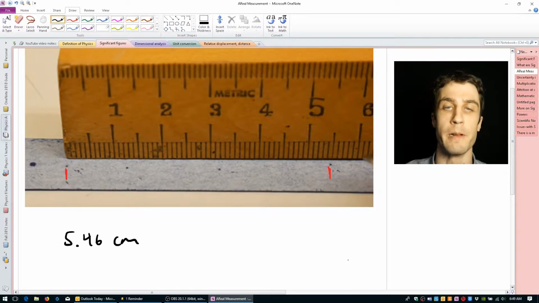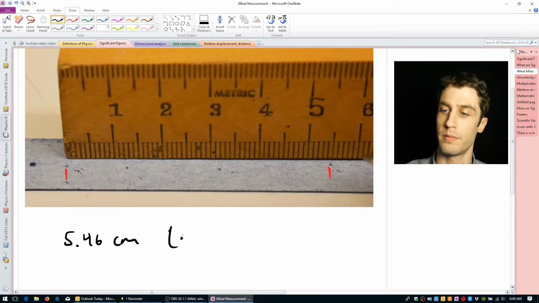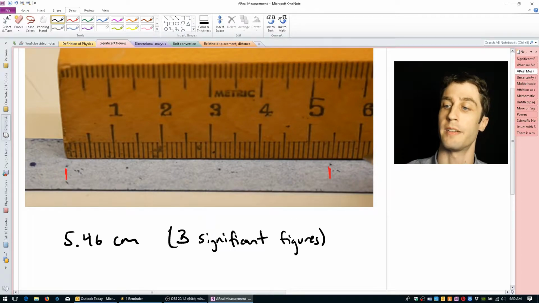And that's my measurement. There are 3 significant figures in that measurement. That's basically the best measurement that we can come up with for this.